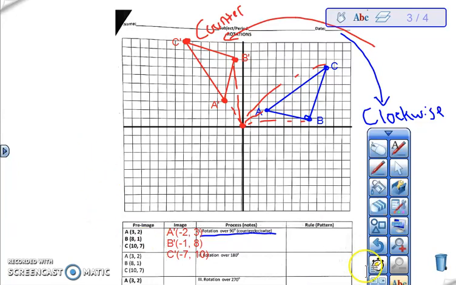So if we look at our pattern, just like we were doing in the previous videos, we notice that the X and Y have switched places, and the number that was the Y is now negative. So we're going to take it and change it to -Y, X.